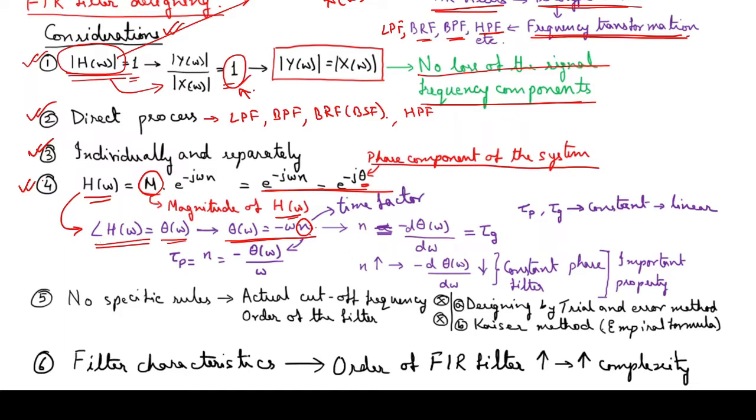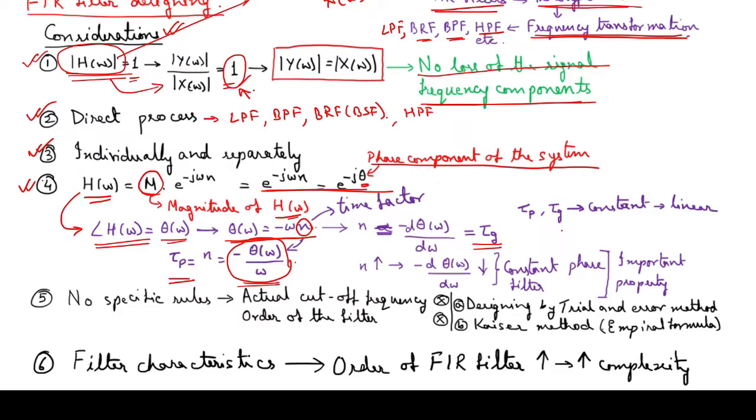Now from here, your tau p, which is regarded as the time delay, is given by minus of theta omega by omega. However, if we take a derivative of this, minus of d theta omega by d omega, then it is regarded as the group delay tau g.